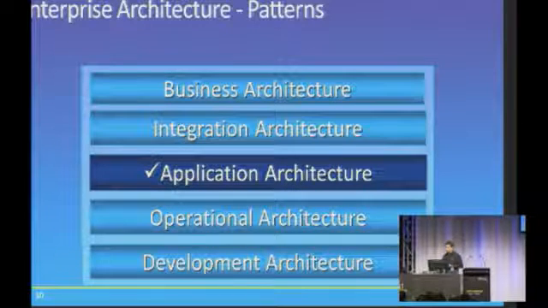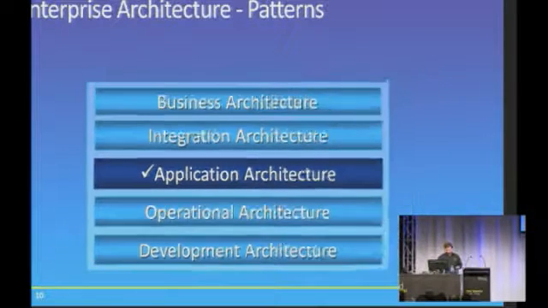And then we start looking at it across the applications and services that we already have available and how we're going to integrate those. So we're talking about integration architecture and the pieces that we need to build, which is, of course, the application architecture. This talk won't cover operational architecture and development architecture, but potentially those could be areas of interest for you as well.